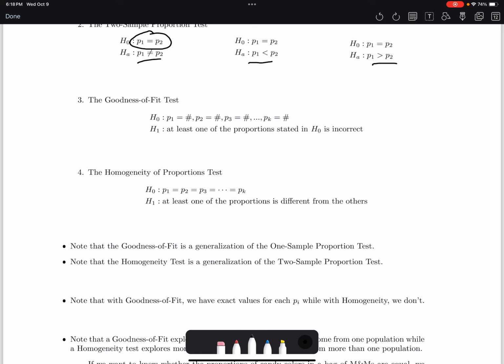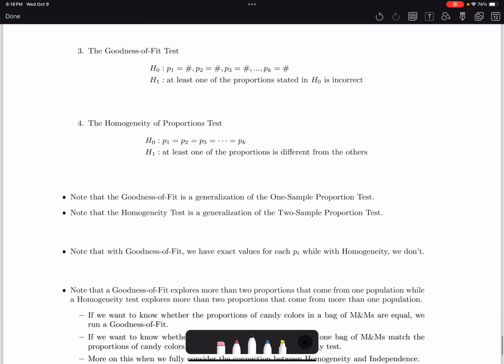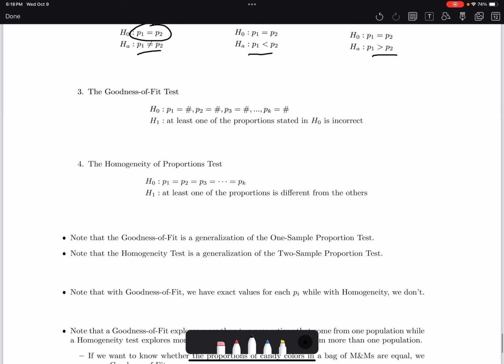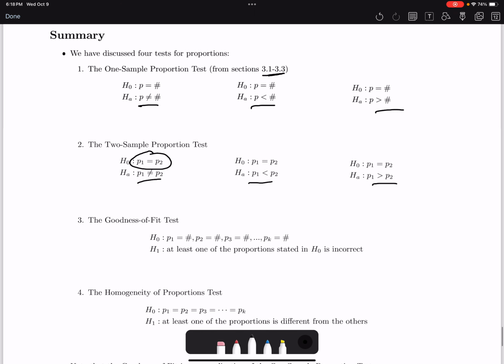At first glance, that might seem like the goodness of fit test is like a stronger test in some ways, but actually we'll see later on that the homogeneity of proportions test is really a powerful test. And we'll talk about that later. Note that the goodness of fit, number 3 here, is a generalization of the 1 sample proportion test, number 1, in the sense that we're saying the proportions are equal to some number, right?